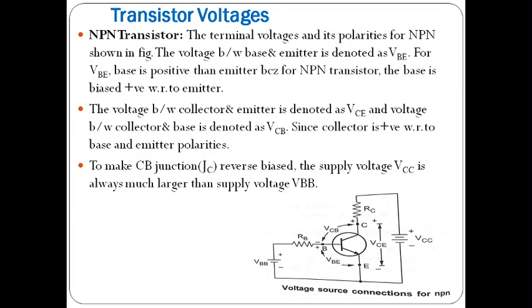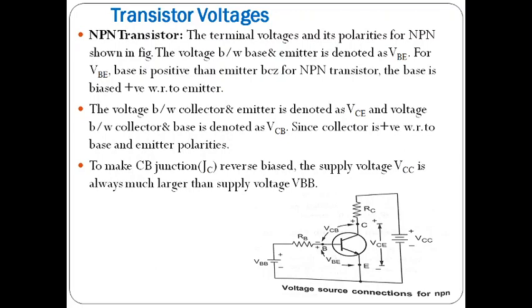VBE is the potential between the base and emitter. So the base is more positive compared to the emitter. And coming to here, the collector is connected to the positive of the battery. So the collector is more positive compared to the emitter and base region. So VCE and VCB are represented here. Clear?